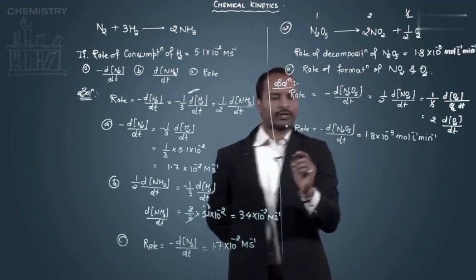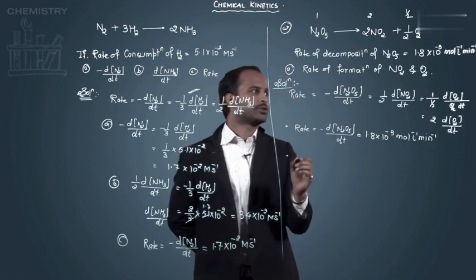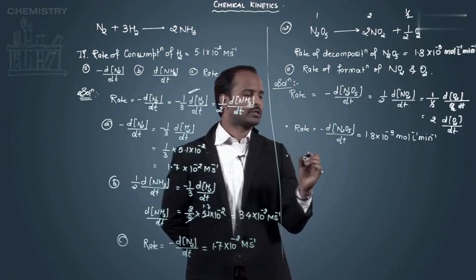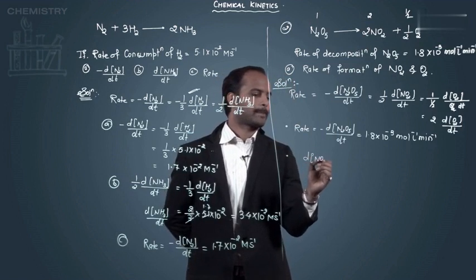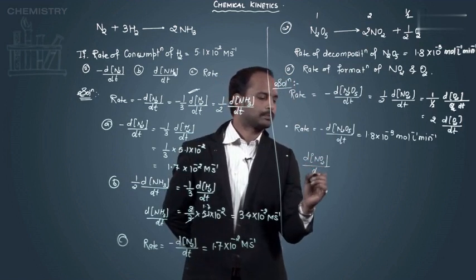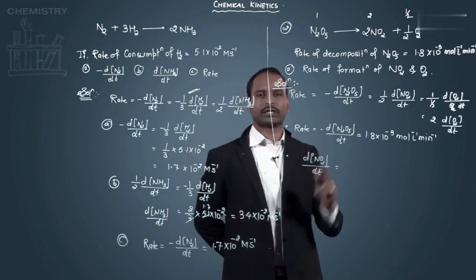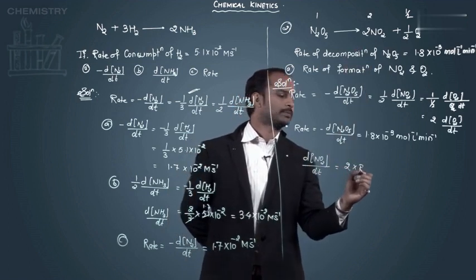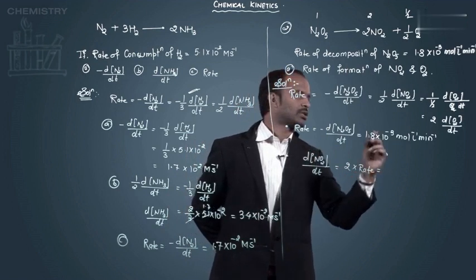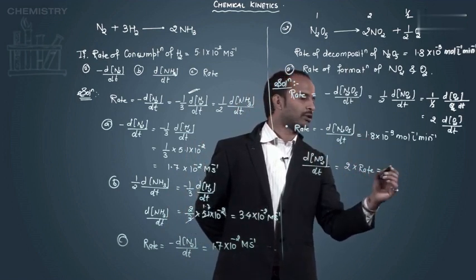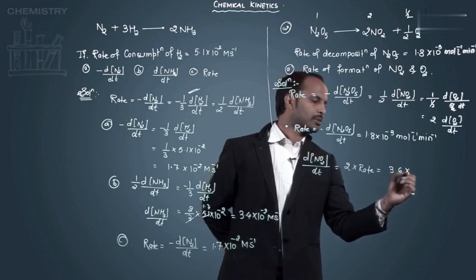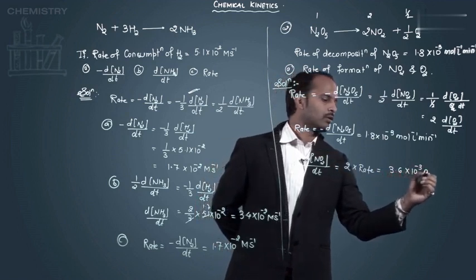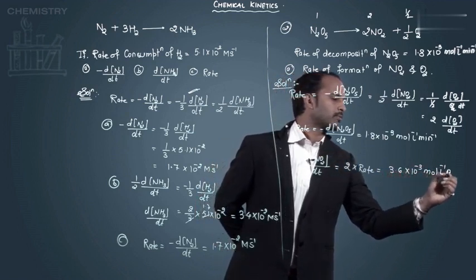So next we have to calculate the rate of formation of NO2, that is dNO2 by dt. It is for 2 moles, so it is going to be twice the rate. Twice of 1.8 can be written as 3.6 into 10 raised to minus 3 mole per liter per minute.